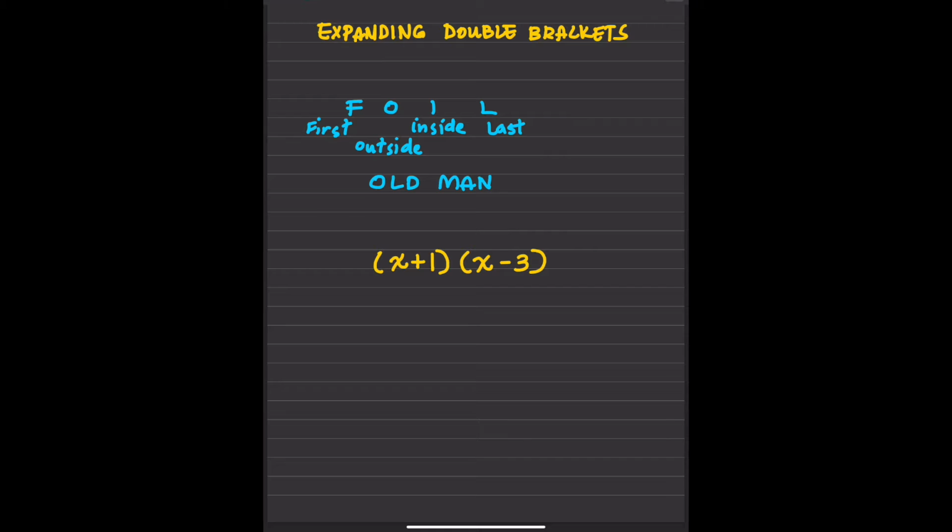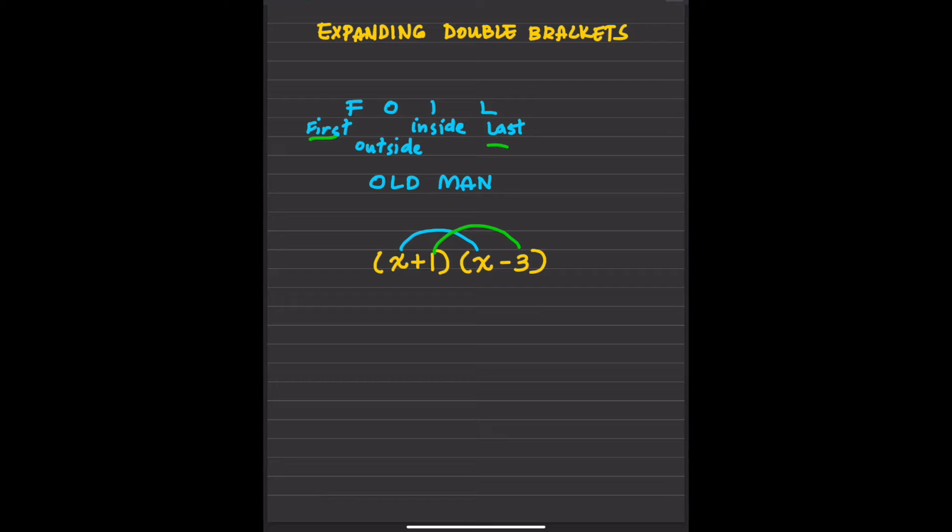So the first term, you multiply with the first term of the next bracket. The last term, you multiply with the last term of the second bracket. So we have the first and the last.